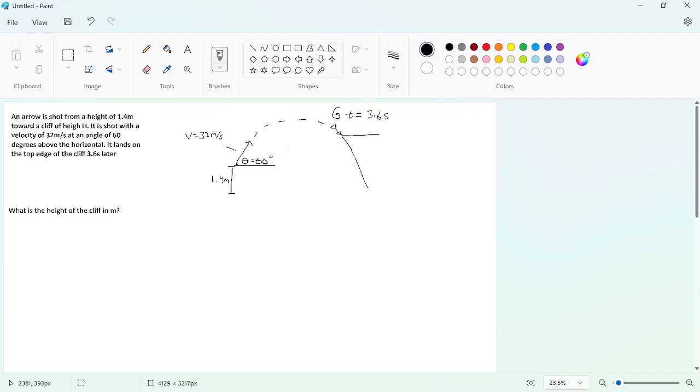So let's see. What information do we have? We have its initial velocity, which is going to be 32 meters per second.